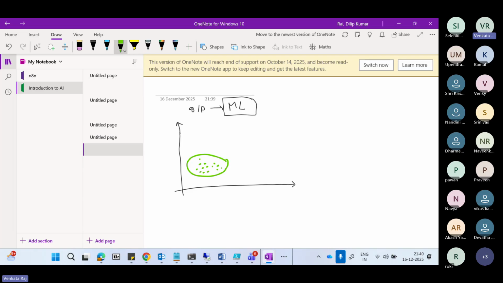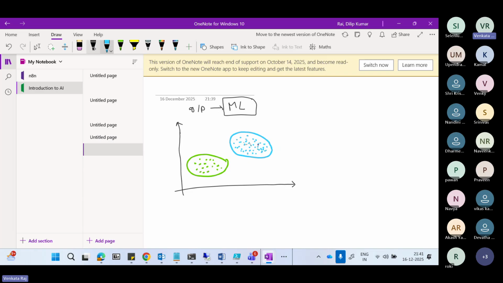This is one cluster of different customers, and this is a different cluster. So based on the similarities between the input data, this algorithm tries to find clusters of different customers. Okay.